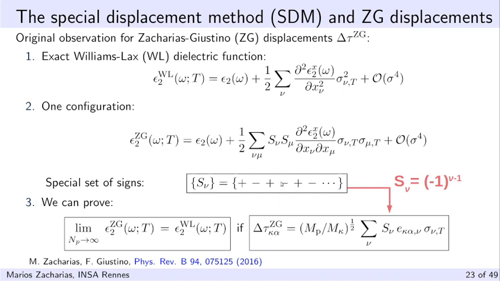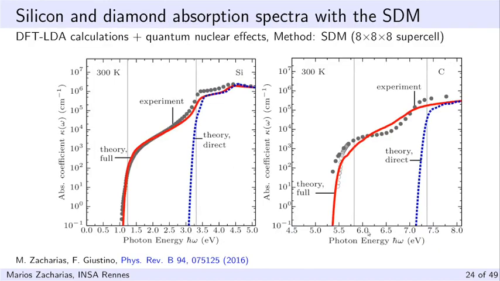And in fact, if we do that, we can prove that our choice of the special displacements will lead to the exact Williams-Lax dielectric function at temperature T. And here is basically the expression that we first implemented for generating special displacements. So we have applied this concept for evaluating the indirect optical absorption of silicon and diamond. And in both cases, we see excellent agreement with experiment, capturing the correct absorption onset.